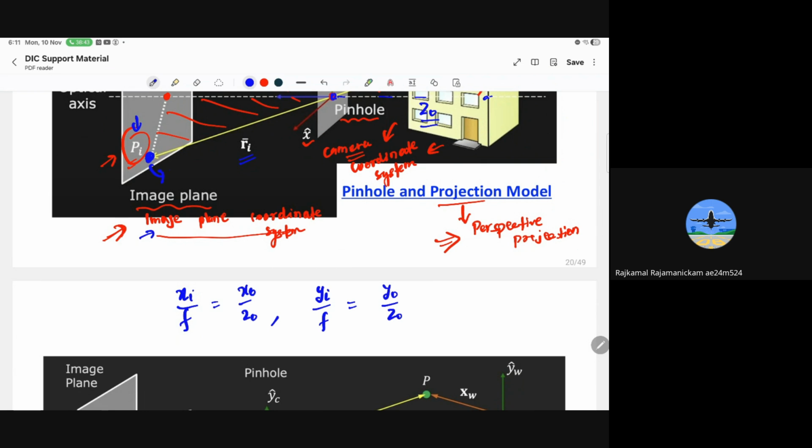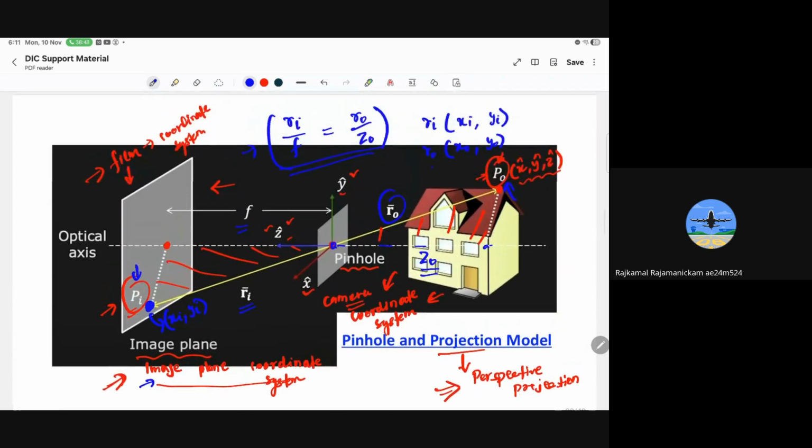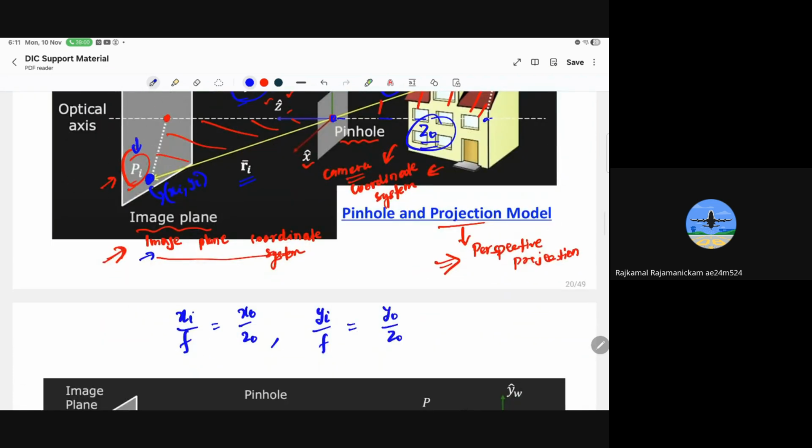So this has xi comma yi, and here it is xo comma yo, the xy coordinates, and the perpendicular coordinates are here zo and f. Okay. So this is the relation which we will use between camera coordinate system and the film coordinate system.